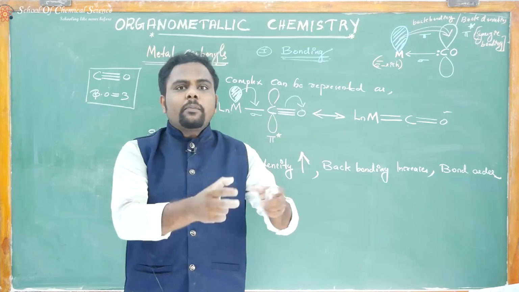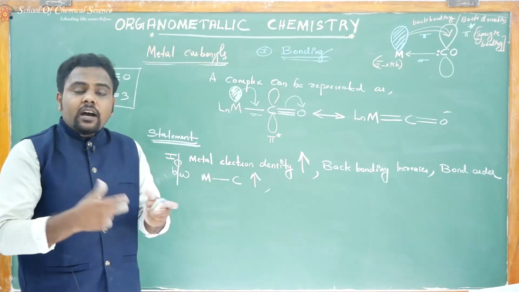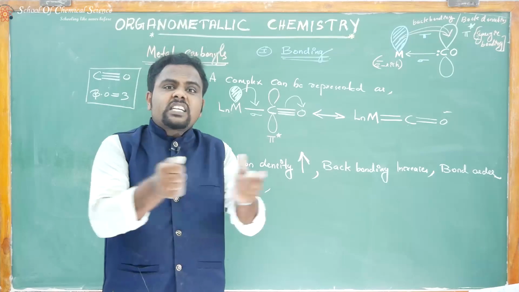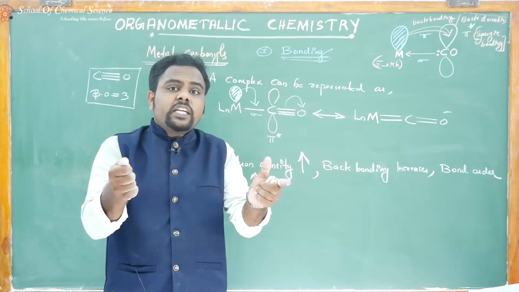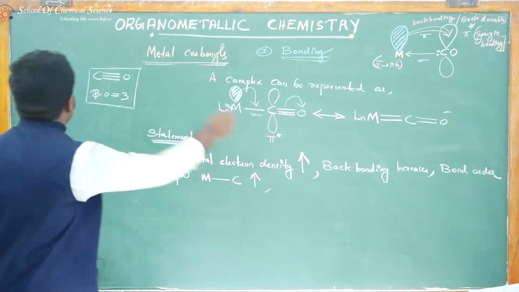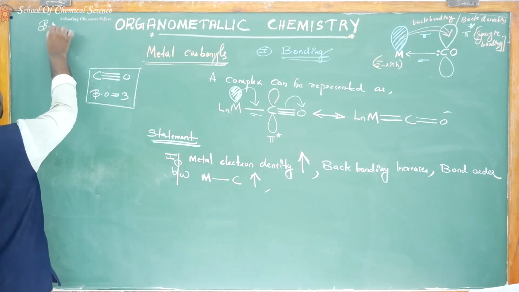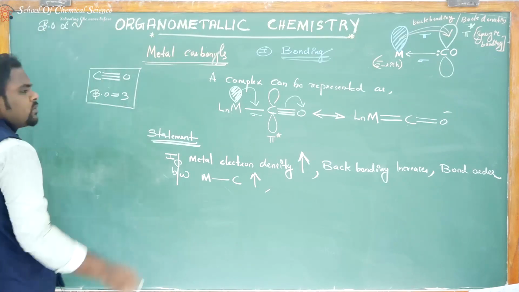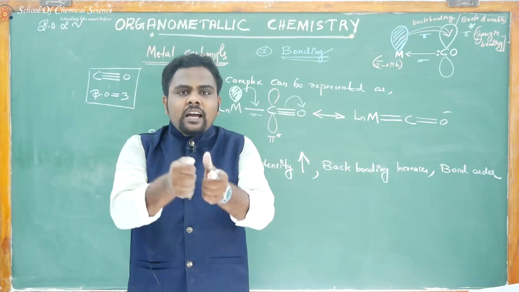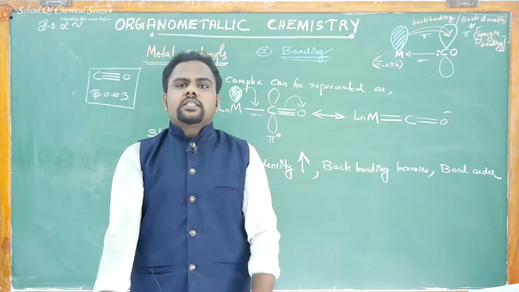Compare a single bond, double bond and a triple bond. More energy is required to stretch a triple bond because the triple bond is very strong. Bond order is directly proportional to stretching frequency. Higher the bond order, higher is the energy required to stretch that bond.